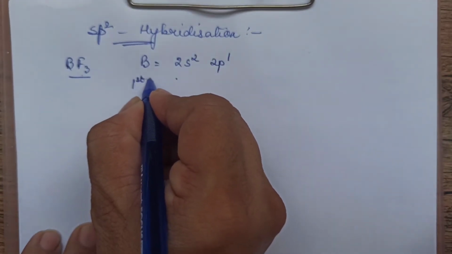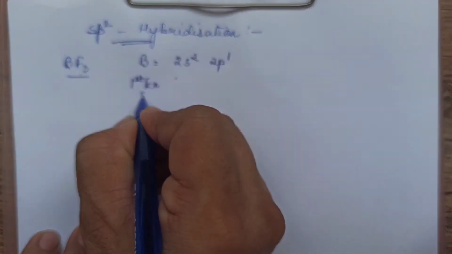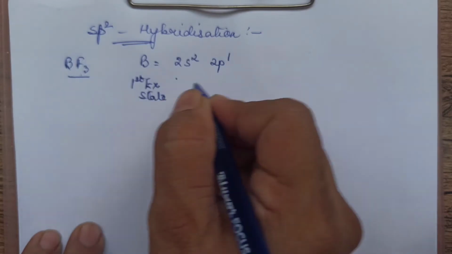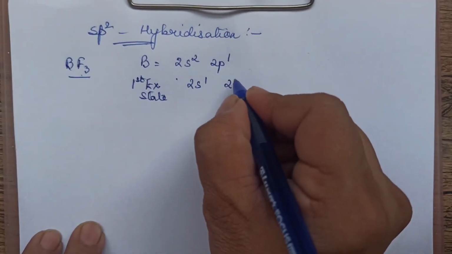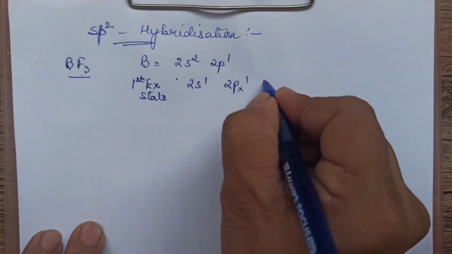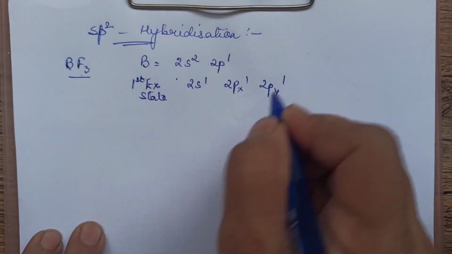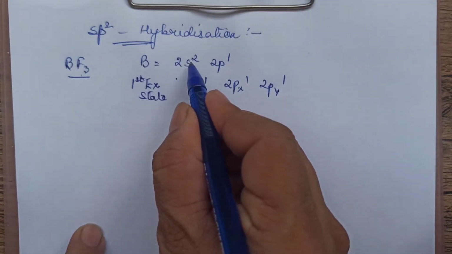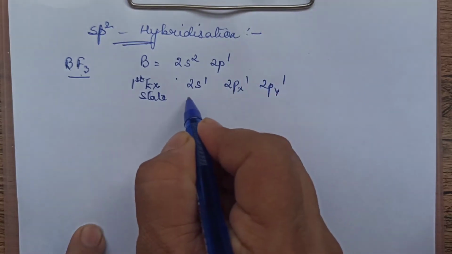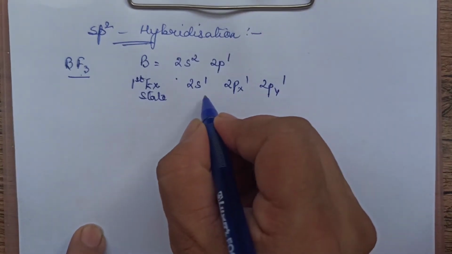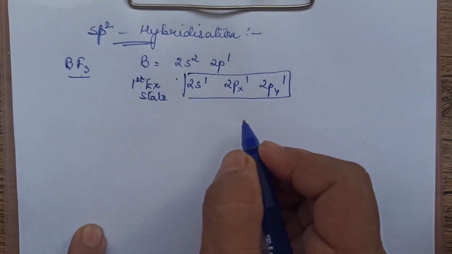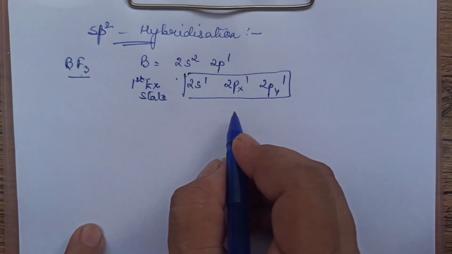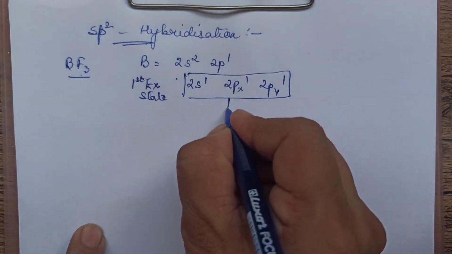So we consider the first excited state configuration. Its first excited state configuration is 2s1, 2px1, 2py1. That means one of the s electrons is shifted to p. So now there are three unpaired electrons. All the orbitals which are there in the valence shell of boron undergo hybridization.